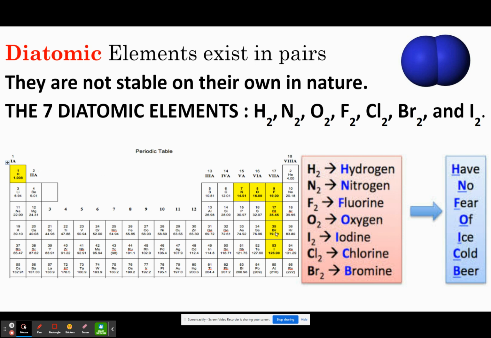They make the 7 over here on fluorine plus hydrogen, and hydrogen is a special little creature. Or you can remember our acronym here, our mnemonic device, have no fear of ice cold beer, or come up with one of your own that uses hydrogen, nitrogen, fluorine, oxygen, iodine, chlorine, and bromine.